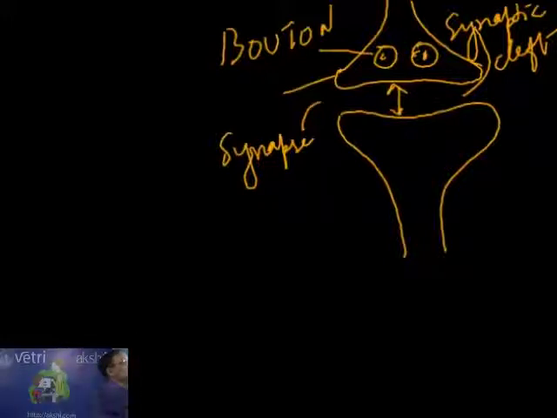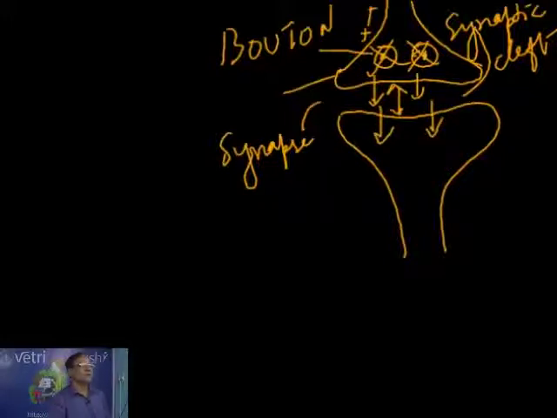Now, as soon as the electrical impulses reach here, what will happen? The vesicles burst, releasing the chemicals, namely the neurotransmitters. The impulses are carried by these chemicals, which diffuse across the membrane and enter the adjacent neuron's dendrite, where the chemical impulses are converted back into electrical impulses and conducted.